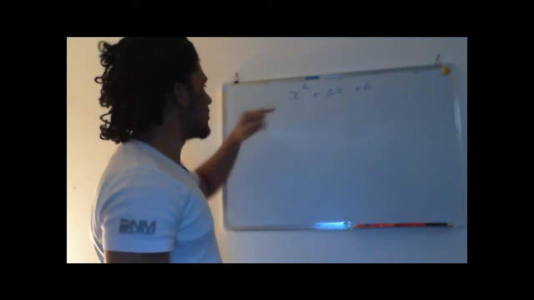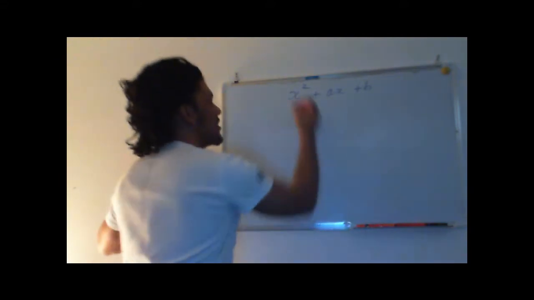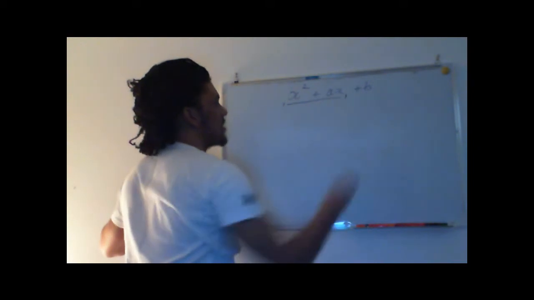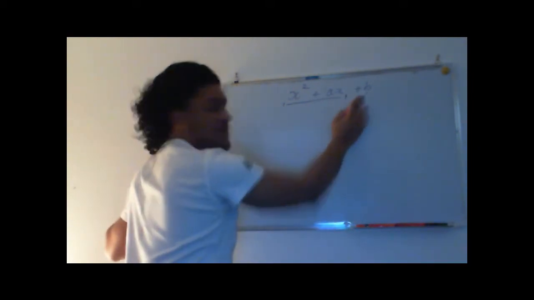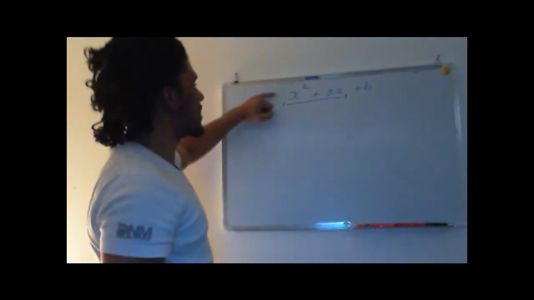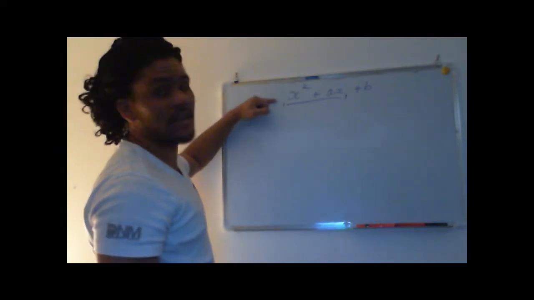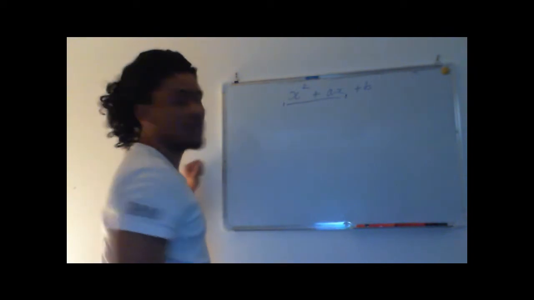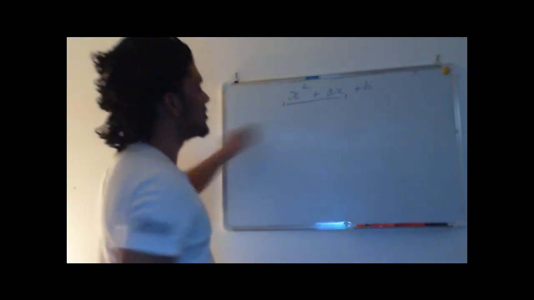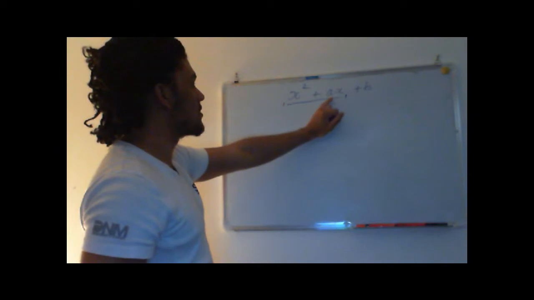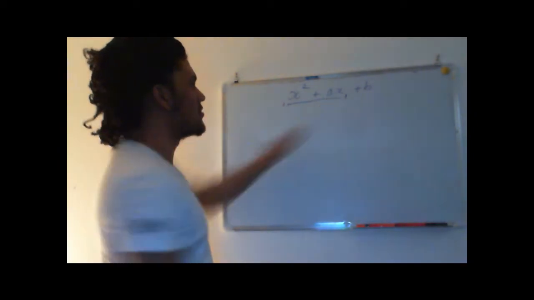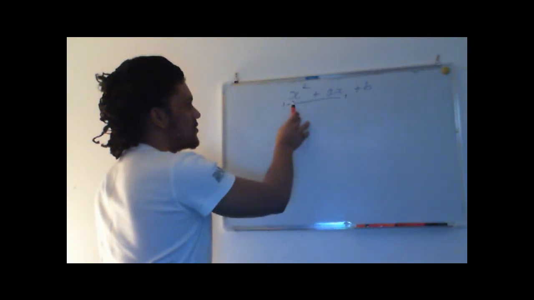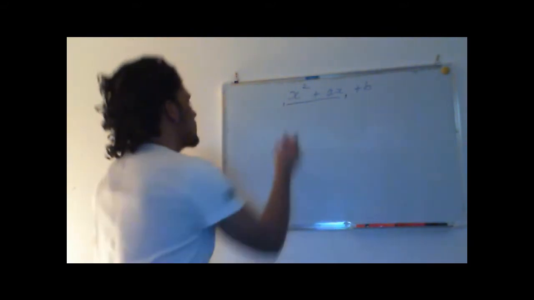If we break it down into two bits, we have x squared plus ax, and then we'll worry about this plus b bit later. If we're trying to get two brackets to multiply together to give something like this, we're going to need an x in each bracket, and two numbers which add together to give the a.